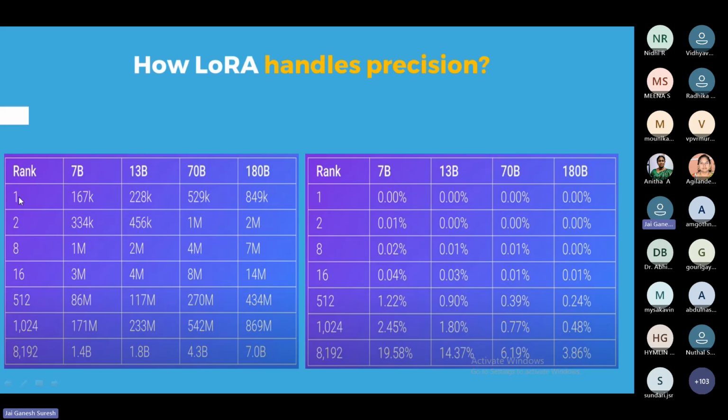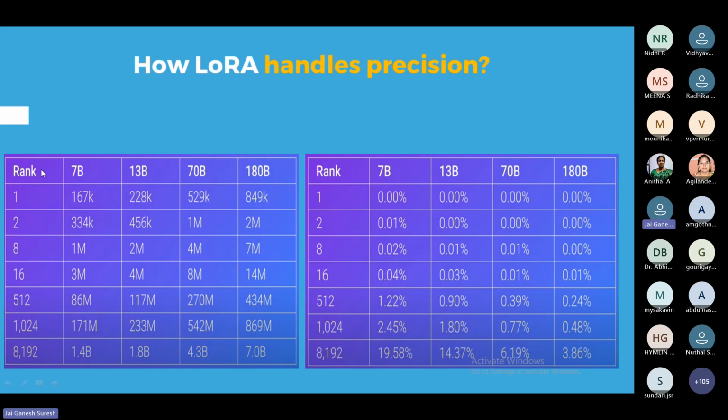That means 167K, that means 167,000 parameters, I'm fine tuning out of 7 billion parameters. You can ask me, Jay, we are fine tuning 167,000 parameters, but here it reflects 0.00. It's not actually 0.00; it would be about 0.001 percent. So with two decimal precision, it represents as 0% of parameters.